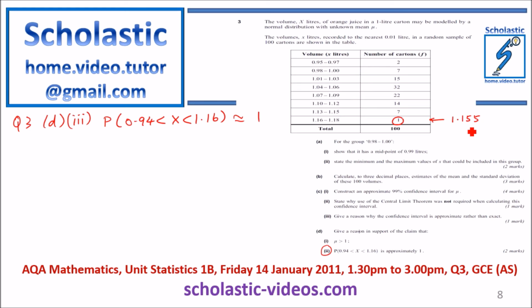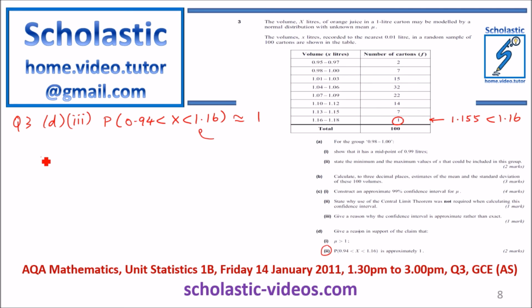So if that is the case, this may be a value in this range, less than 1.16. So there is a possibility that all values will be in this range, but approximately.